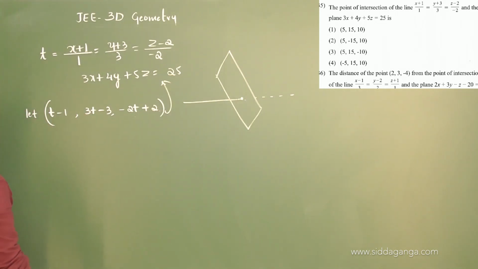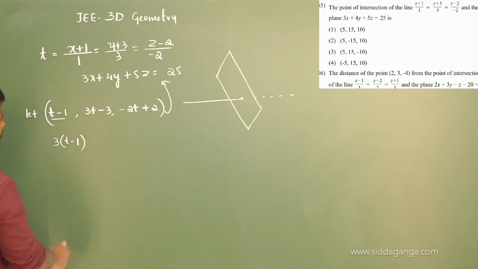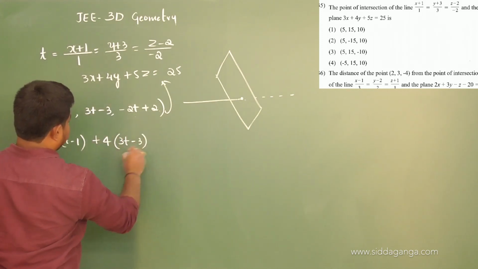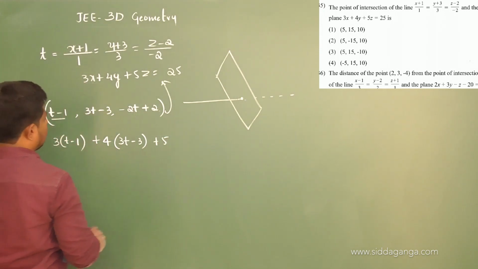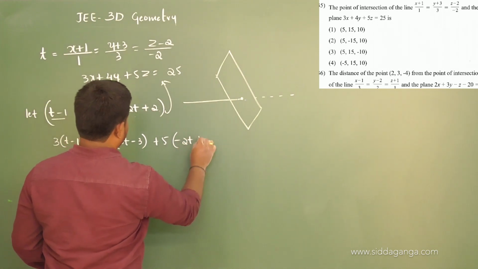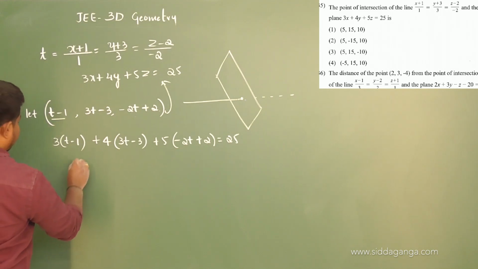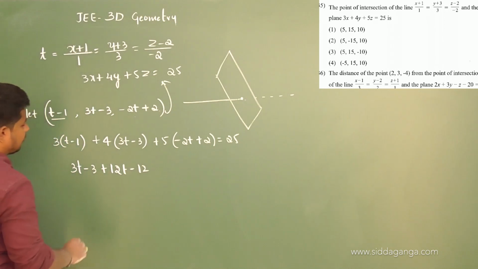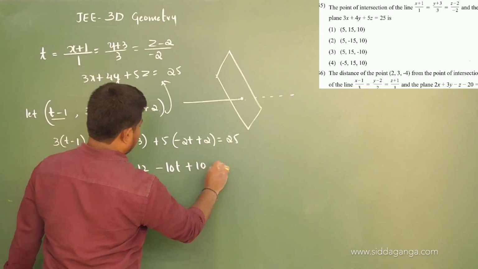Replace x by the x coordinate t minus 1, plus 4 into y coordinate 3t minus 3, plus 5 into z coordinate minus 2t plus 2 is equal to 25. So you get 3t minus 3 plus 12t minus 12 minus 10t plus 10 equal to 25.